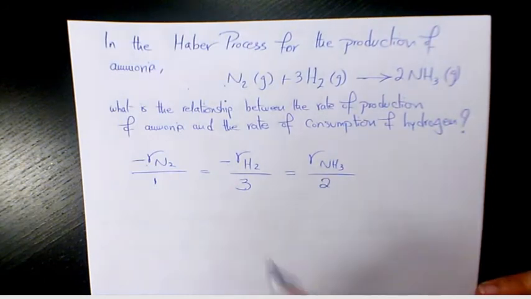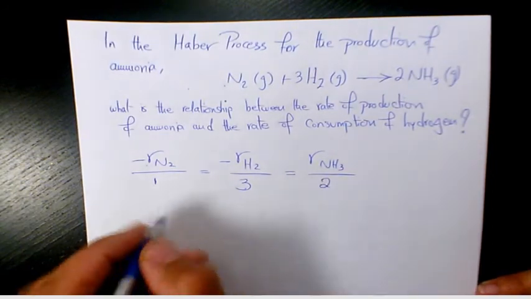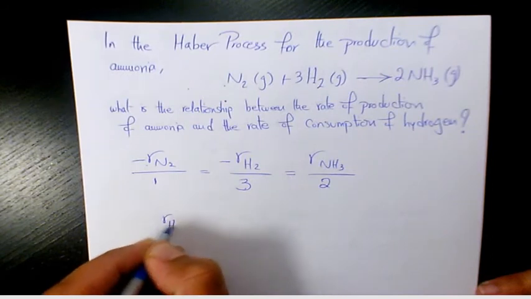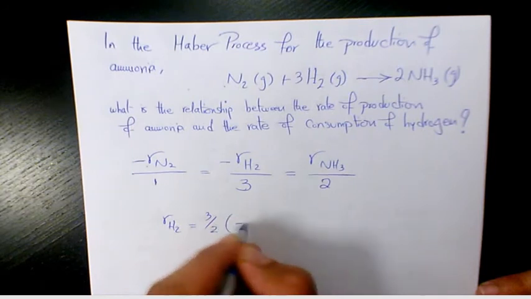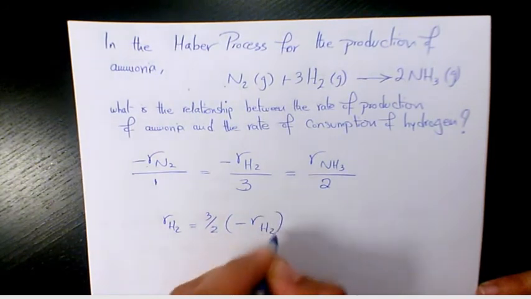And if you want to find the relationship, you can say R of H2 equals 3 over 2 of negative R of NH3.